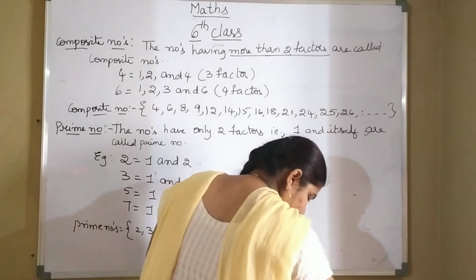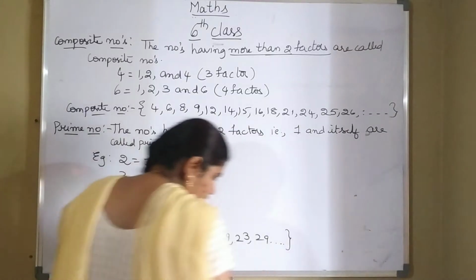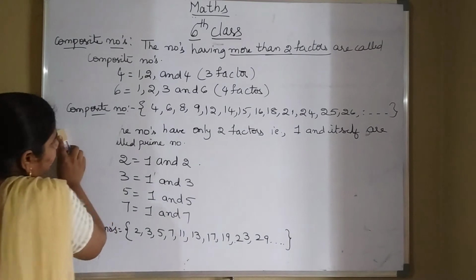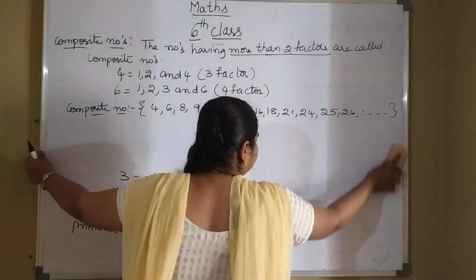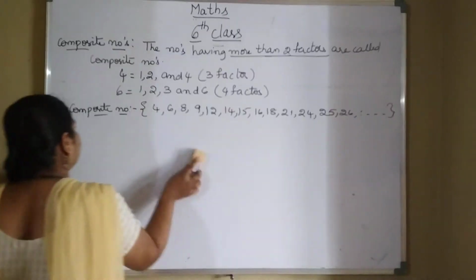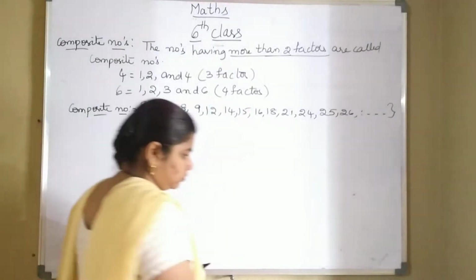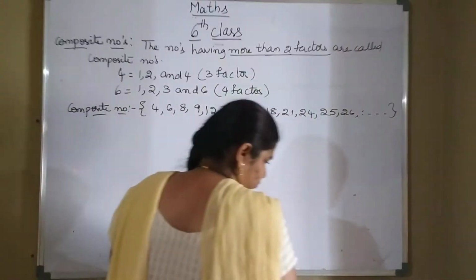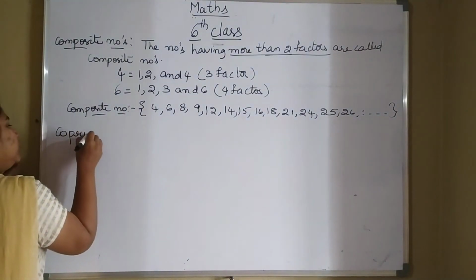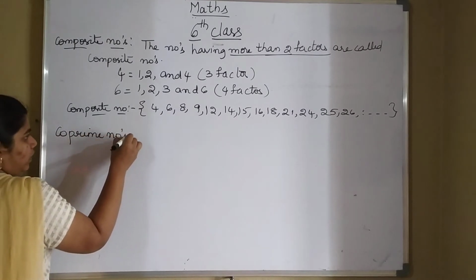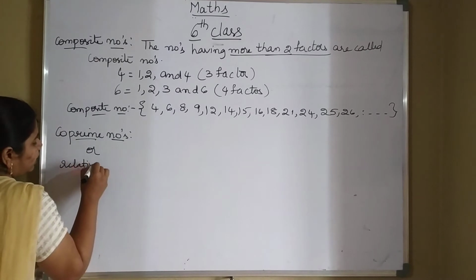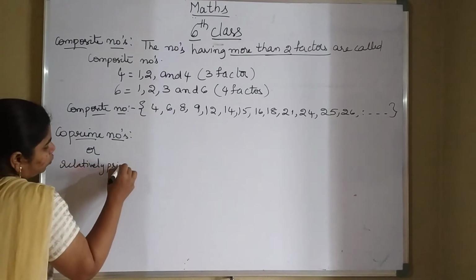Next our topic is co-primes. What do you mean by co-primes? We will see. Co-prime numbers, or we can also call them relatively prime numbers. Both are the same.